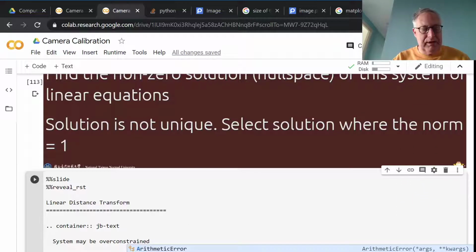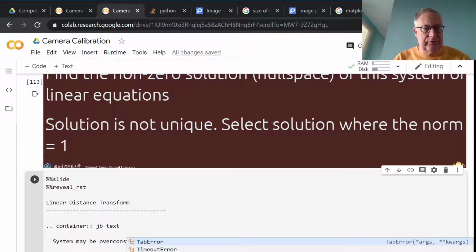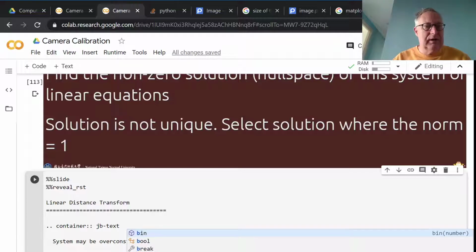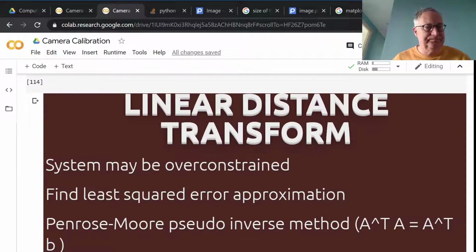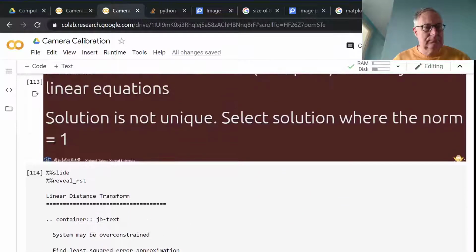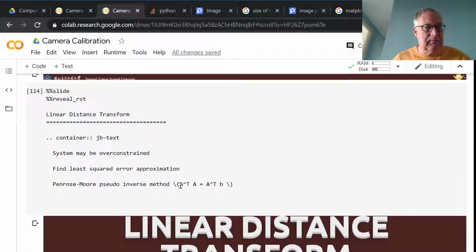If you have some matrix A for a system of linear equations, then pre-multiplying it by A transpose will give you the least squared error approximation. Okay.